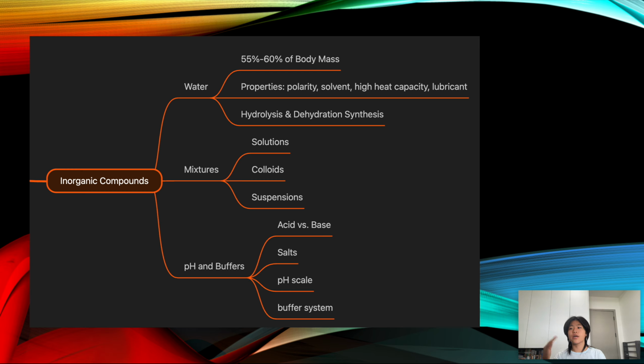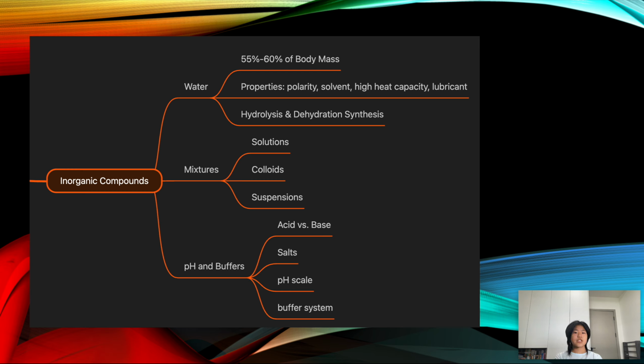A pH below 7 means that a solution is acidic and it contains more hydrogen ions than hydroxide ions, and a pH above 7 indicates the solution is basic, so it has more hydroxide ions than hydrogen ions. A pH of 7 is considered neutral, so it has the same amount of both.